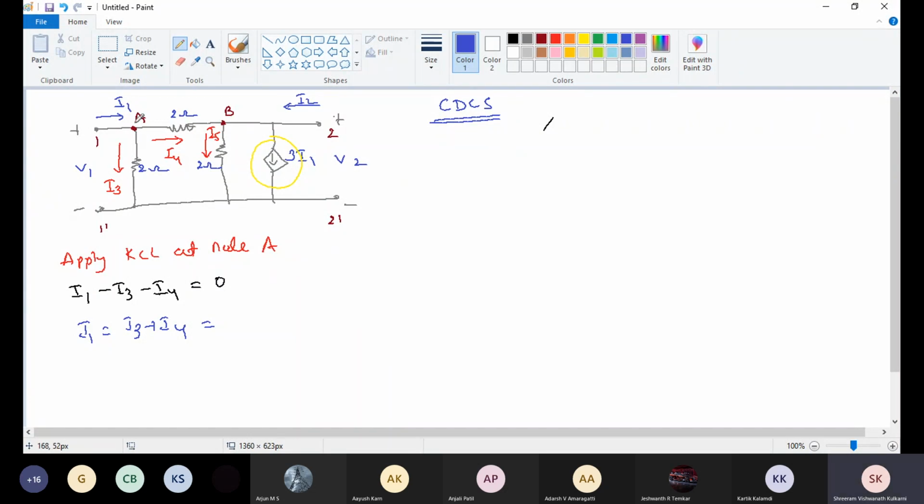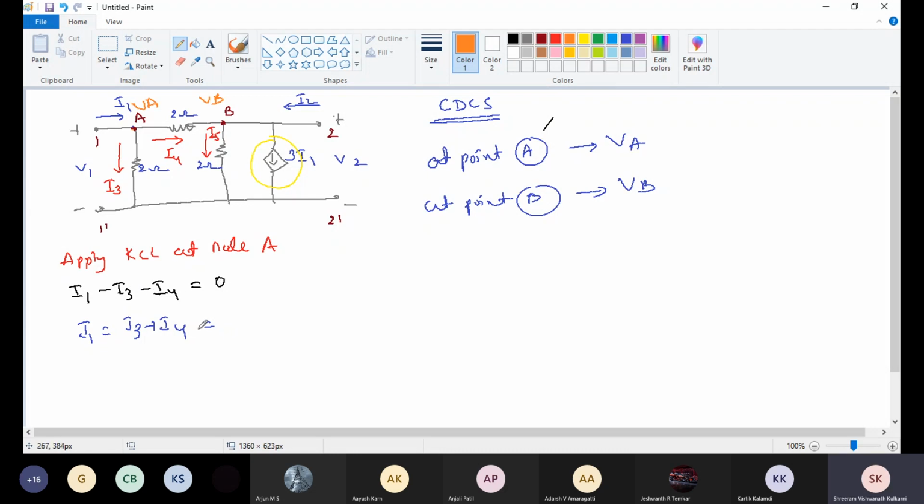If this is the voltage at point A, at node A my node voltage is VA. At point B, my node voltage is VB. Now applying KCL at node A, I1 minus I3 minus I4 equals to 0.